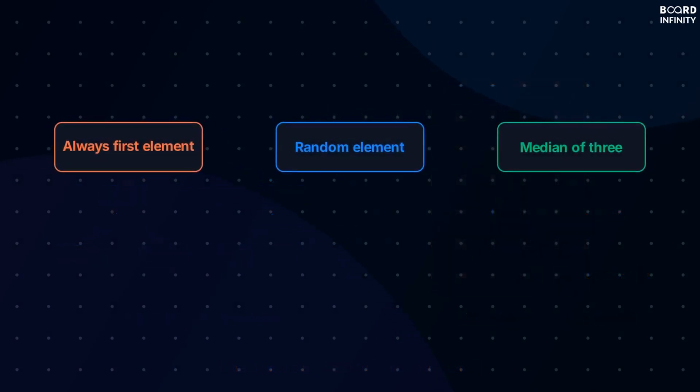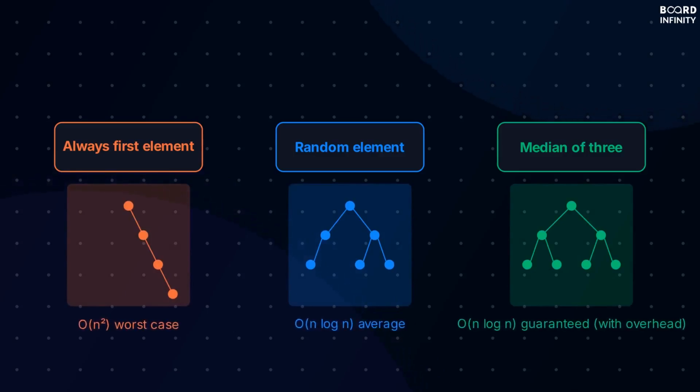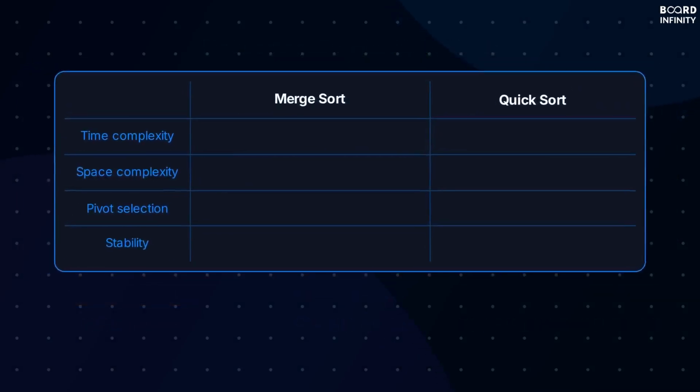To avoid this, pivot selection matters. Randomizing the pivot or using the median of 3 strategy helps keep the tree balanced. This ensures O of n log n on average, or even guaranteed in the case of median of 3 with some overhead. So here's the trade-off summarized.